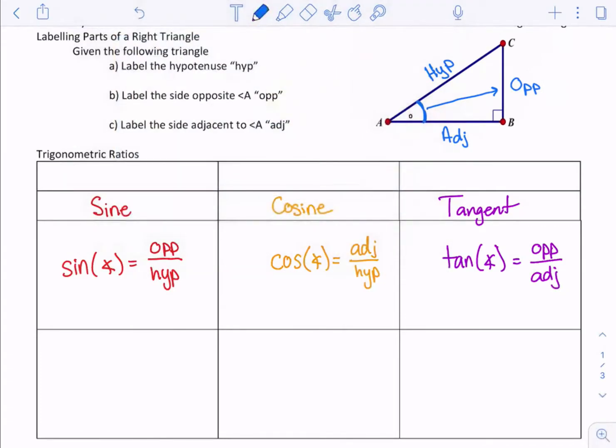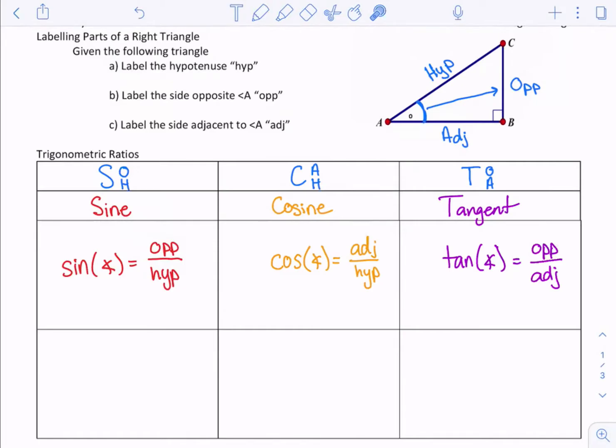Some of you remember it or have learned it as SOH, CAH, TOA. That's a nice way to remember. And I like to write it like this. SOH, CAH, TOA, so you can remember these three ratios. If you write it every time you're doing a problem, there's no way that you can go wrong.